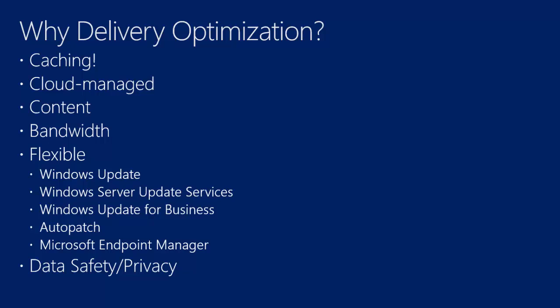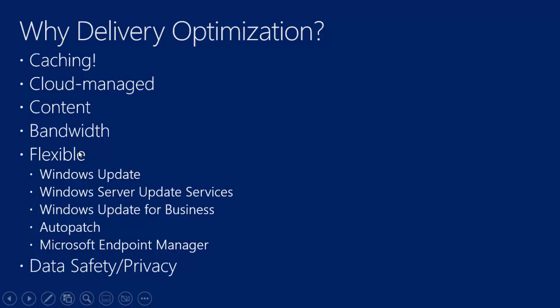Content. We talked about the content already and how important it is, and we'll see the content types that we can support in another slide coming up. So, bandwidth. Again, the reason people think about delivery optimization typically is for the bandwidth savings that is provided whenever you do those peer-to-peer downloads.